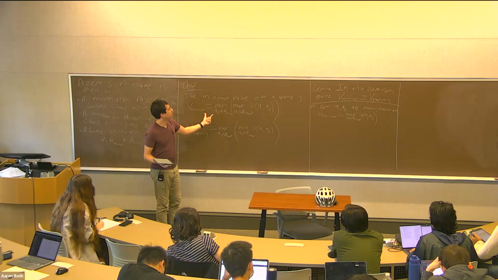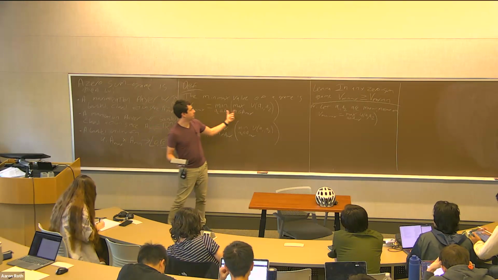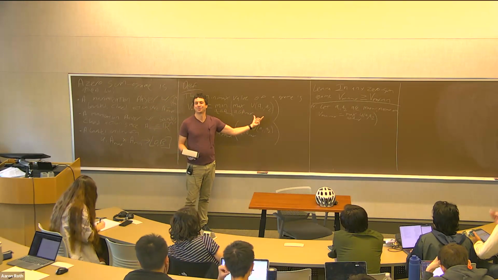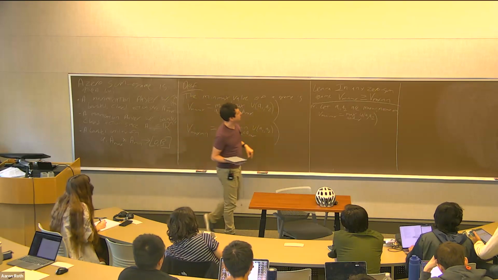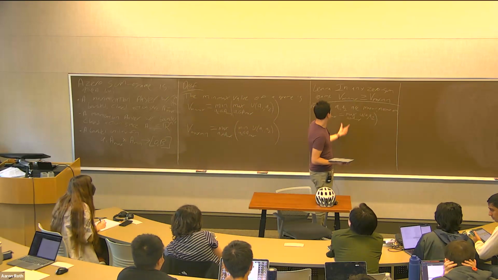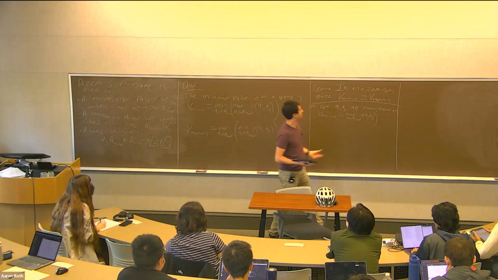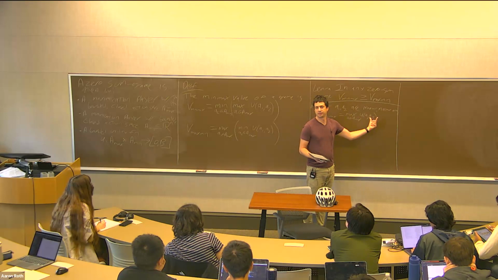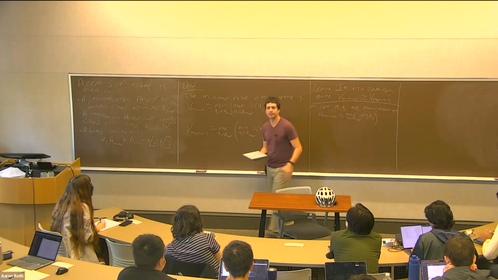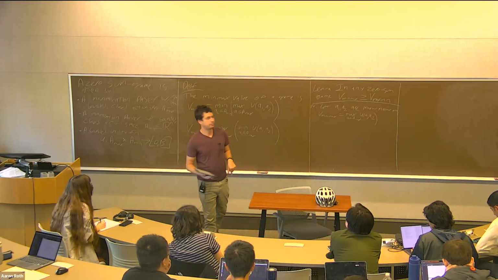And so the minimax value comes from solving the inner maximization. So the minimax value is just the solution to this inner maximization problem that maximizes the payoff, given that Min has committed to this minimax strategy.